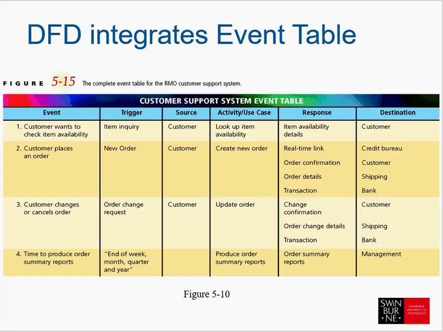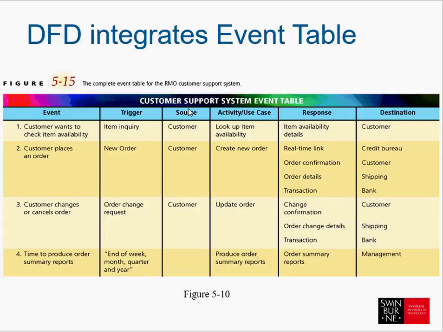Before we move into modeling using data flow diagrams, let's go through an example of an event table that the business analyst has created for our Ridgeline Mountain Outfitters. This is an existing, old customer support system. The customer support system is a system that we are going to get rid of, and we are coming up with a new system called the consolidated sales and marketing system.